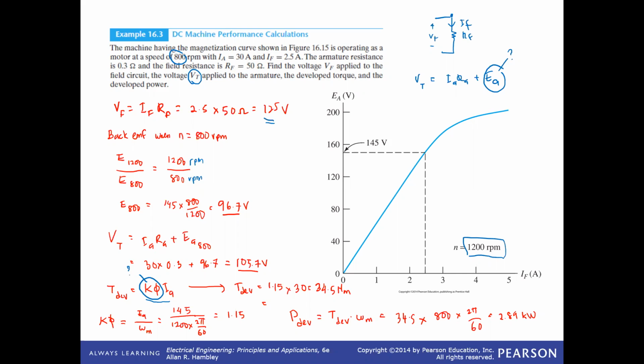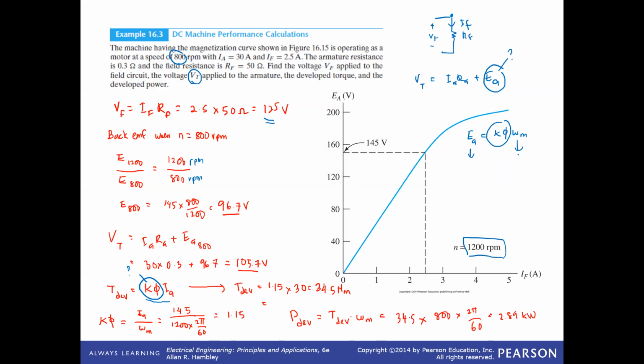To obtain K flux, another relationship that we can use is that EA equals K flux times the speed. From here, EA is given, and the speed is also given.